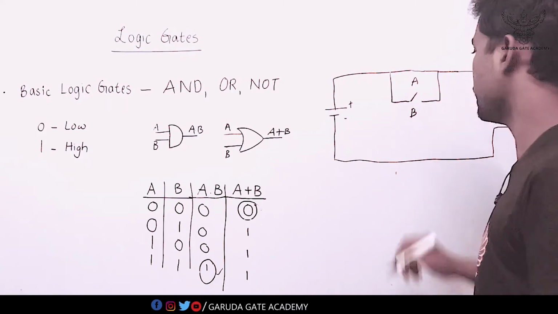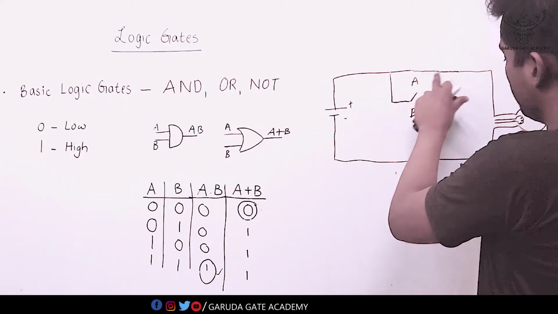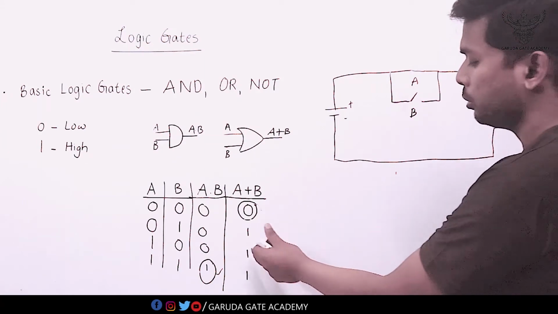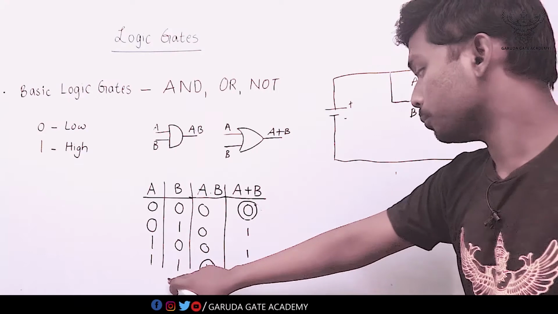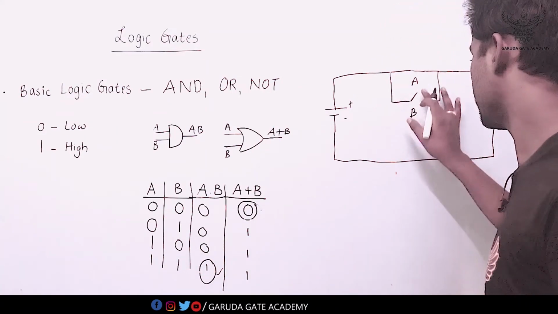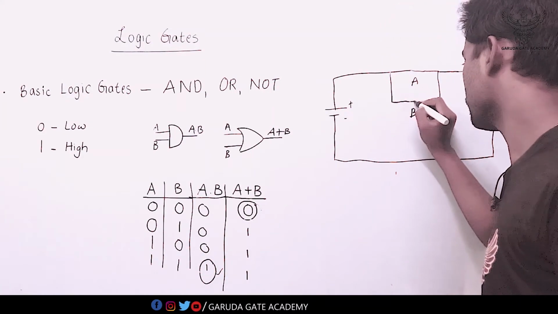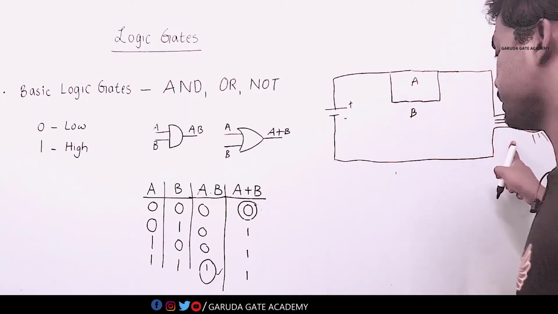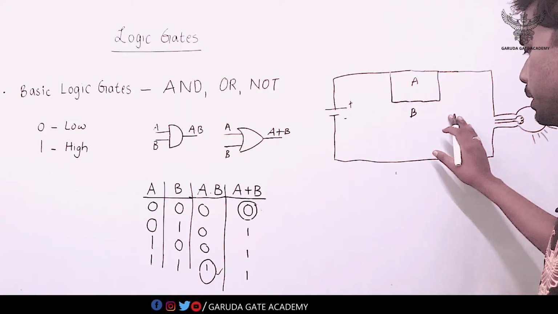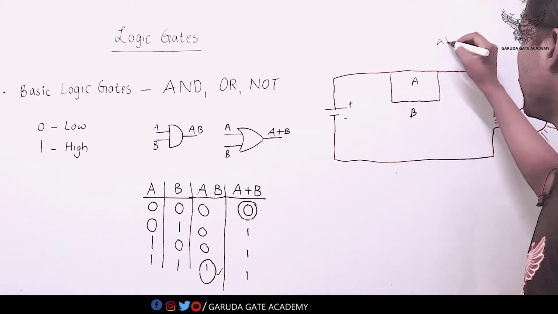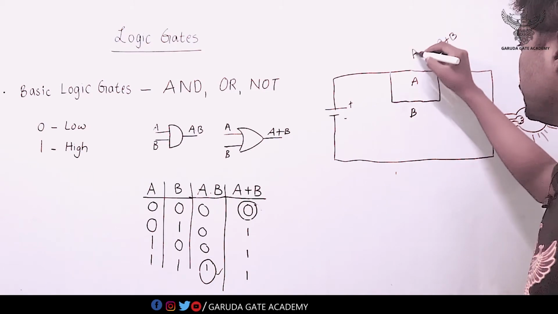Current can flow through this wire and reach the bulb, so the output will be 1. In this case both of them are on, so current can reach the bulb, and the output will be 1. This is the circuit diagram of A or B, and previously we have seen A and B as well.